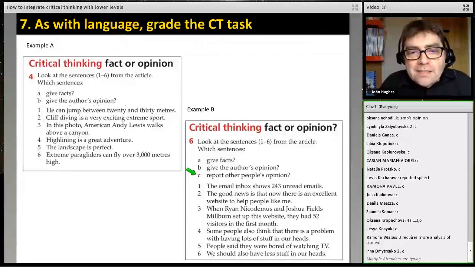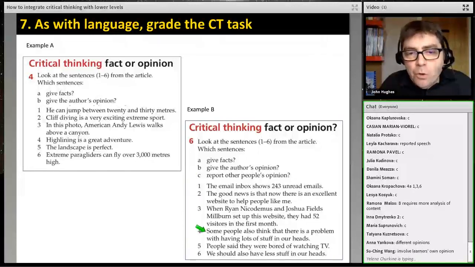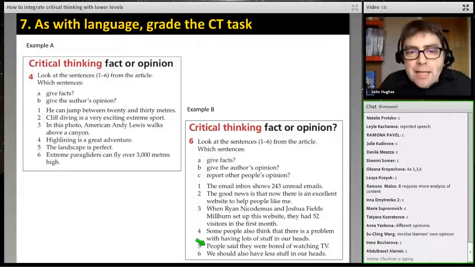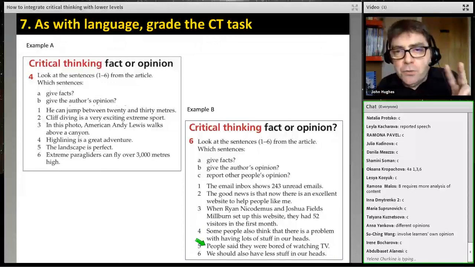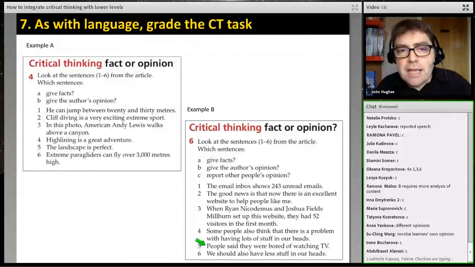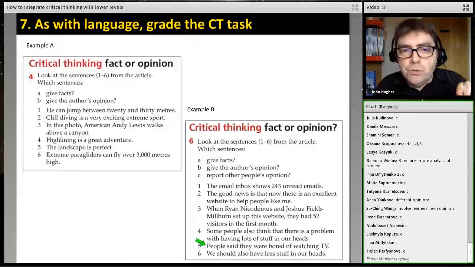And what they're starting to notice is phrases like, some people also think that, or people said they were bored, for example. So the critical thinking task is doing two things. It's raising students' awareness to the difference between fact and opinion in written text, but it's also getting students to notice the way language is used.